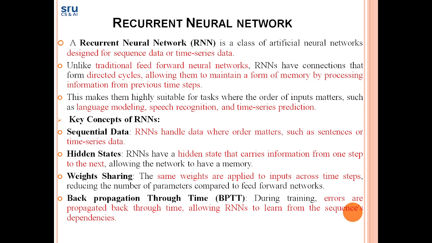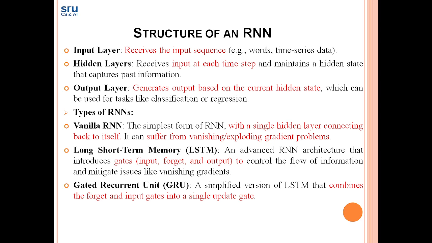Backpropagation through time: during training, errors are propagated back through time, allowing the recurrent neural network to learn from sequence dependencies. Structure of a recurrent neural network: the input layer receives the input sequence, the hidden layer receives input at each time step, and the output layer generates output based on the current hidden state.